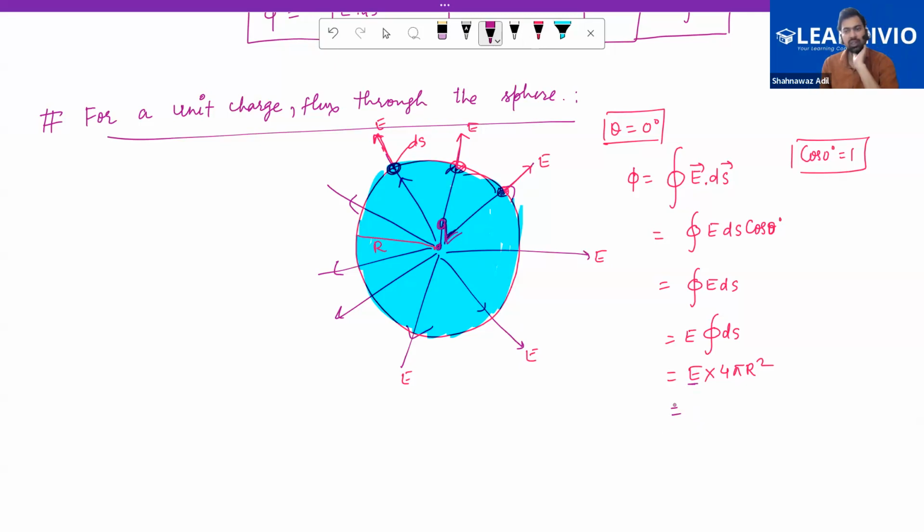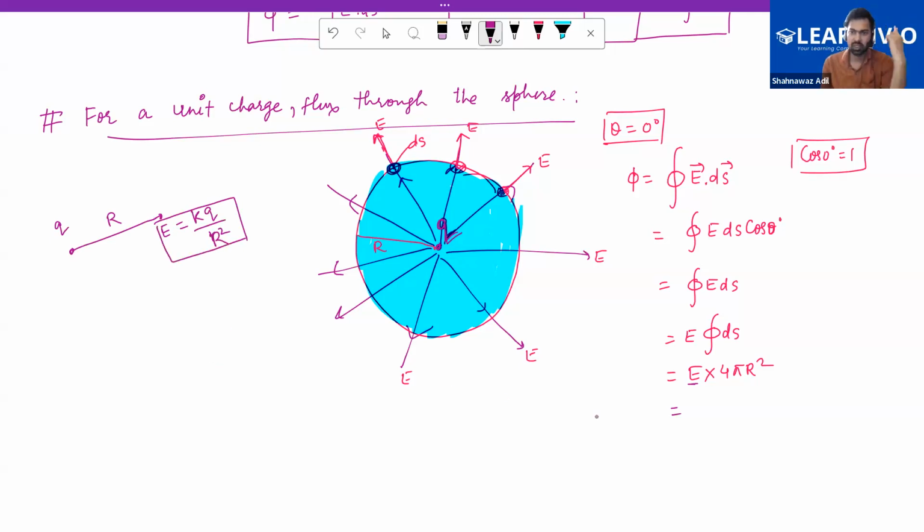This we have done in the electric field topic. So you have this Q charge, you are calculating the electric field at R distance. So what would be this electric field? KQ by R square. This was the electric field, right?